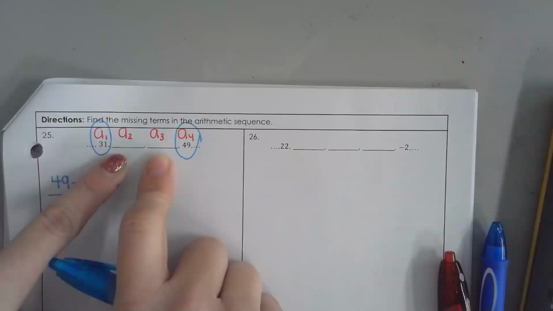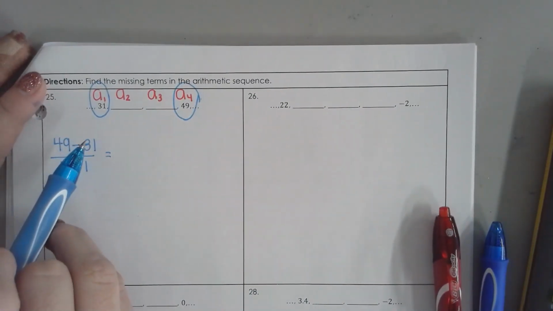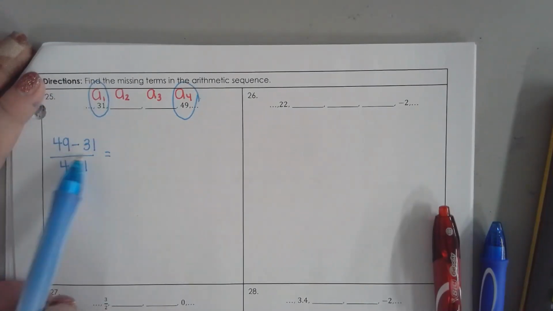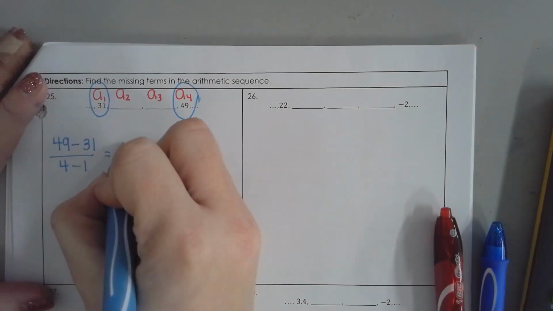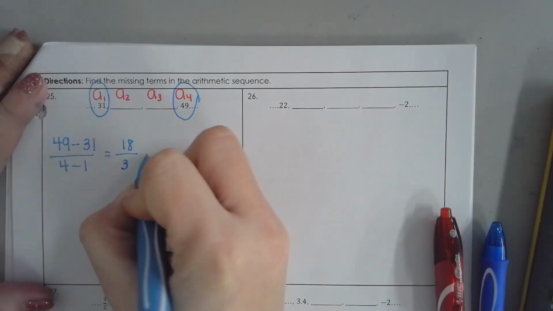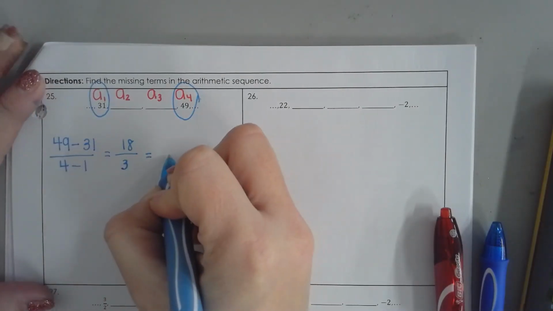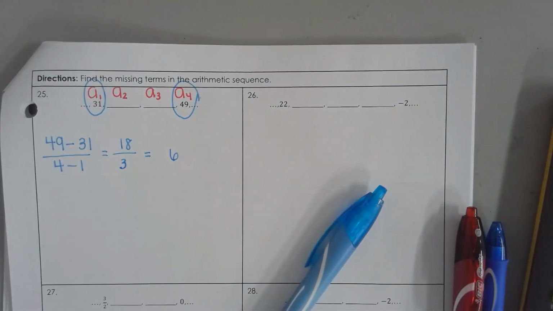Okay, hold on. What's 49 minus 31? 18. 4 minus 1? 3. And 18 divided by 3 is 6. So the common difference is 6. That didn't actually fill in the blanks for us, but we can use that to fill in the blanks.